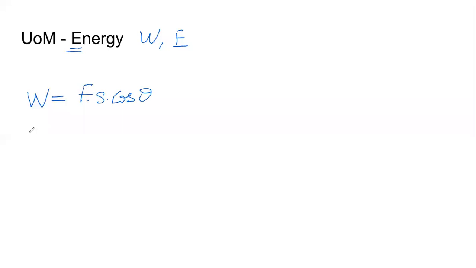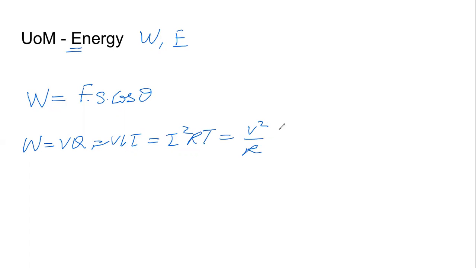But in terms of electrical energy, again W, this is not the watt W, this is the quantity W, work done, energy, equals VQ equals VIT equals I square RT equals V square by R into T.